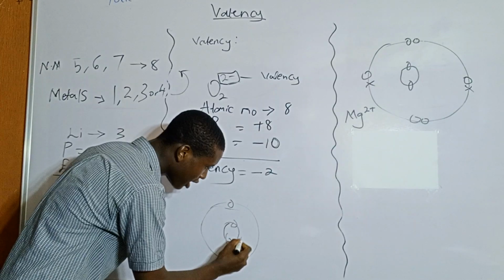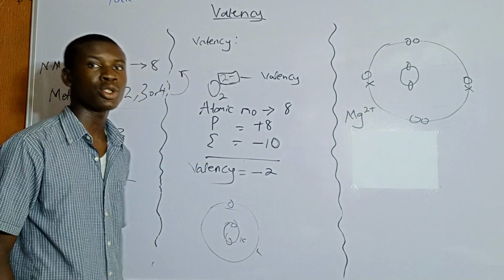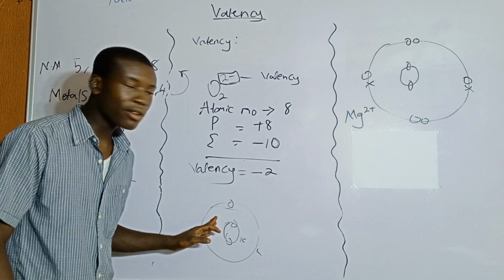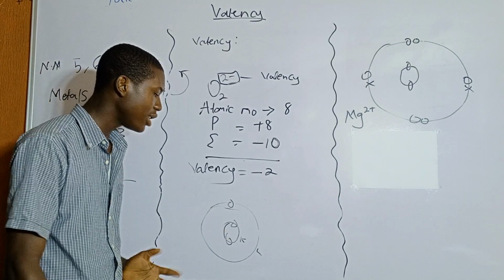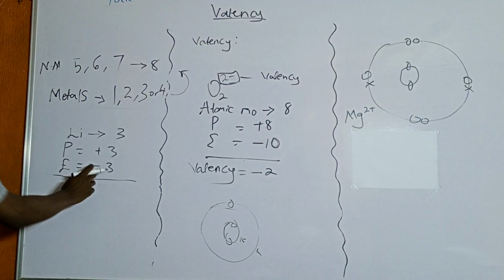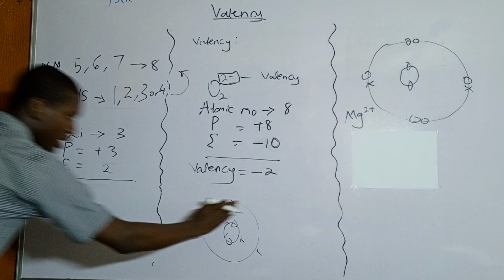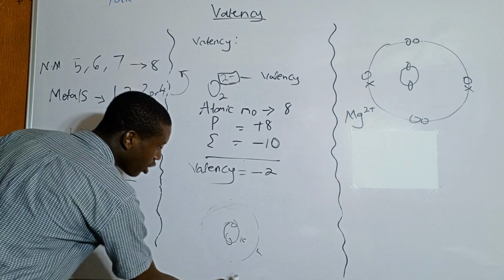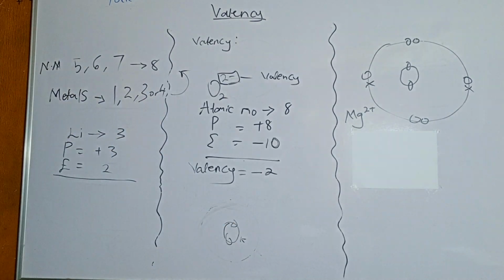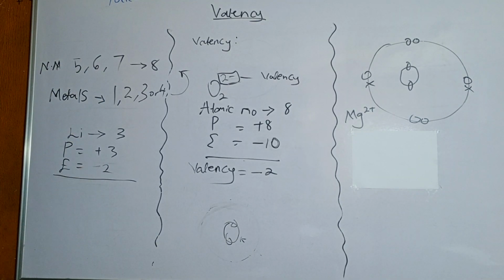Now remember, this is the K shell, this is the L shell. Now it can lose the electron in this L shell, which is just 1, instead of looking for 7 electrons to complete. Now when it loses this 1 electron, the electron number will now be 2. It has lost its electron when combining. Remaining 2 electrons, which will be minus 2.